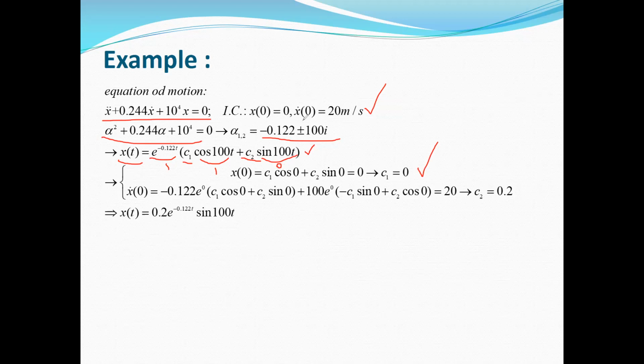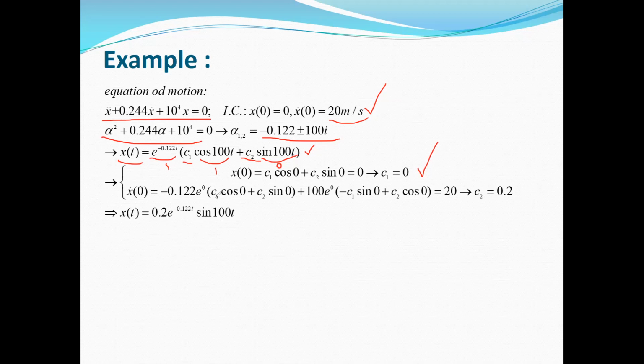The second initial condition: the velocity at t equal to 0 must be equal to 20 meters per second. So we need to find the derivative of x with respect to time, which is the derivative of the exponential term times this parenthesis plus the derivative of this parenthesis multiplied by the exponential term.